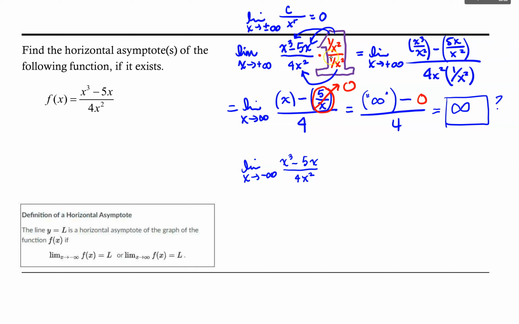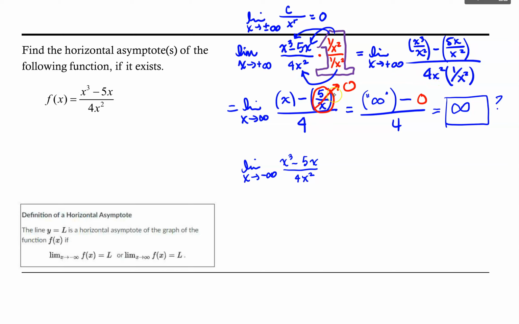We will still be multiplying by 1 over x squared in the numerator and the denominator. And again, we won't have any issues with the denominator being 0, because we have x headed out to negative infinity. So this step here is quite similar. So is this, using the distributive property.